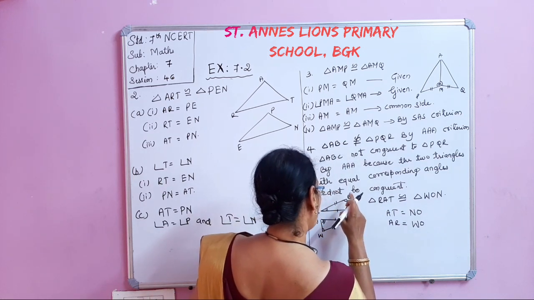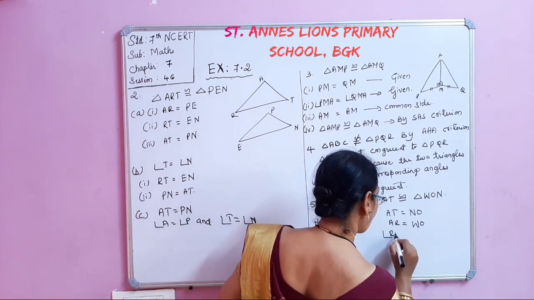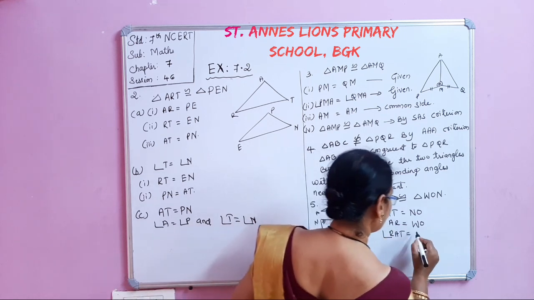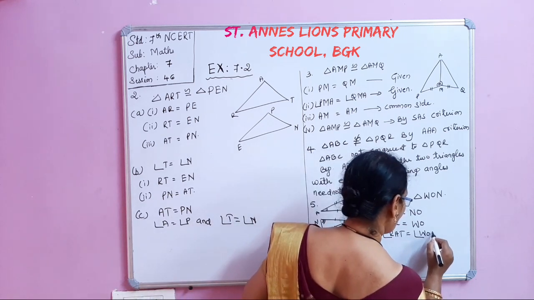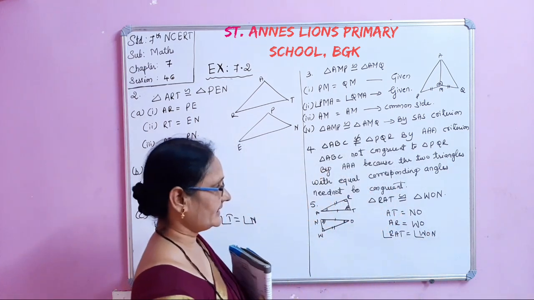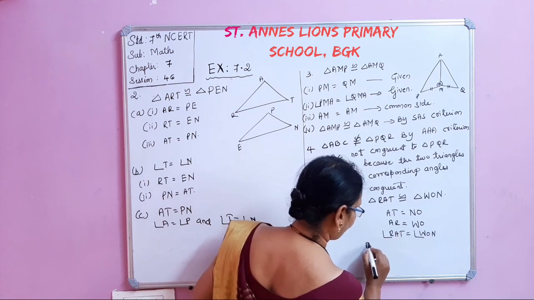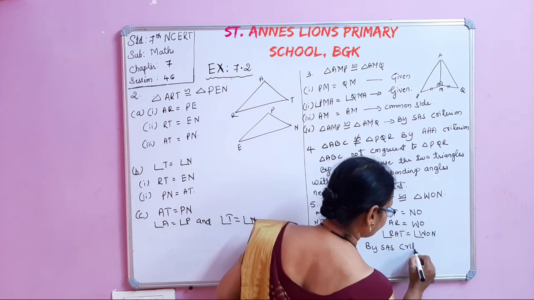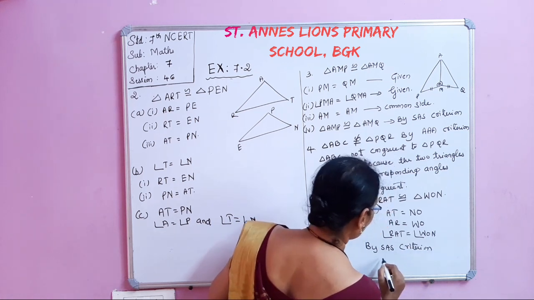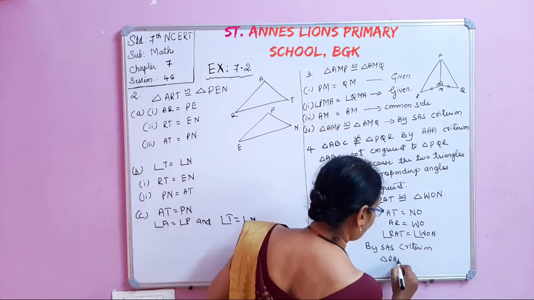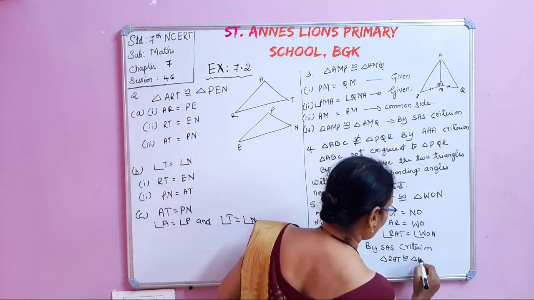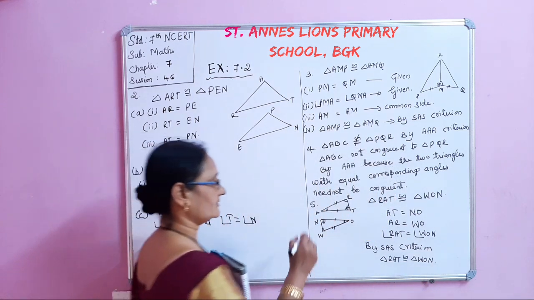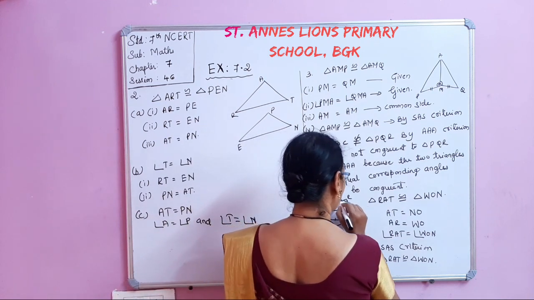Now angle RAT equal to angle WON. So by SAS criterion, triangle RAT is congruent to triangle WON. This is the fifth main, so please take carefully.